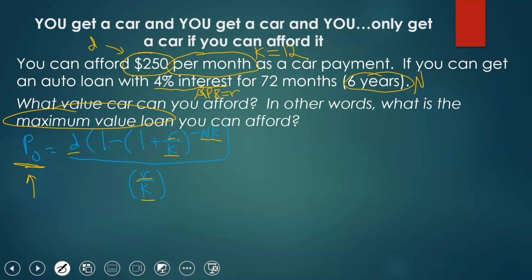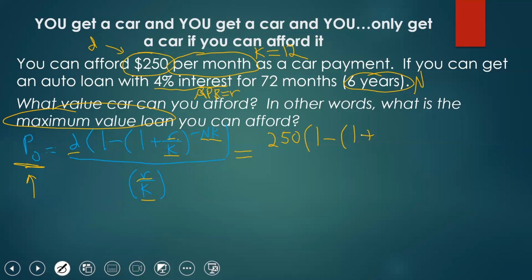Okay, so now that we have that information, we go ahead and fill each piece of information into its corresponding variable in the formula. So for D, we have 250. Again, parentheses, 1 minus 1 plus our value for R, which comes from that 4%.